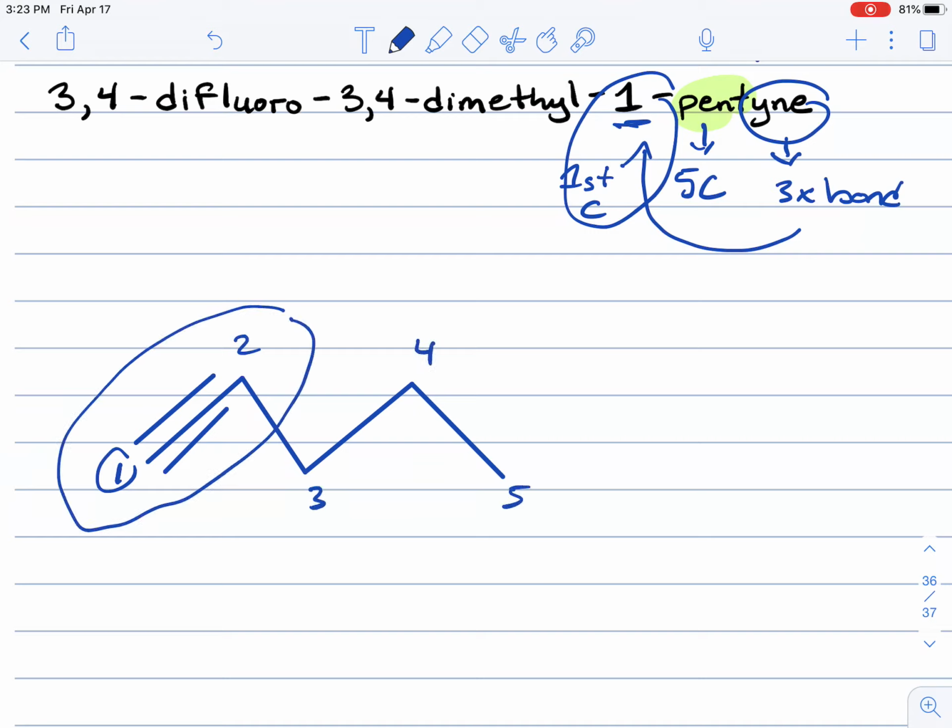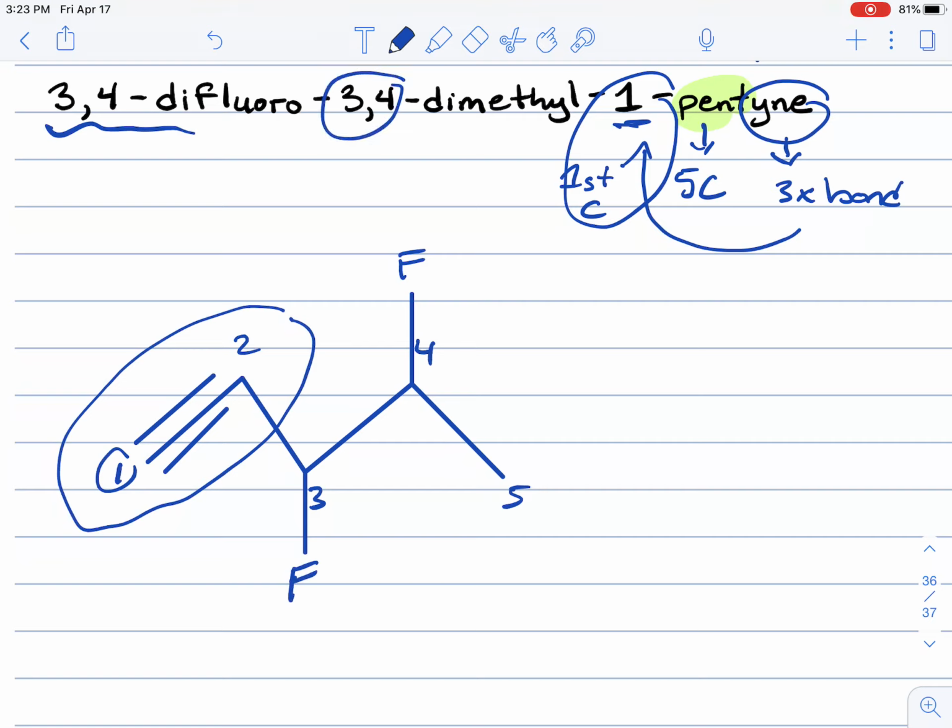Once again, I need to make this structure 180, so I'll probably have to redo this. So for now, I have 3,4 difluoro. So I have a fluorine on carbon 3 and carbon 4.